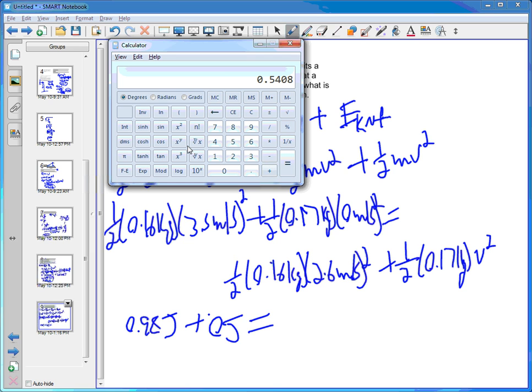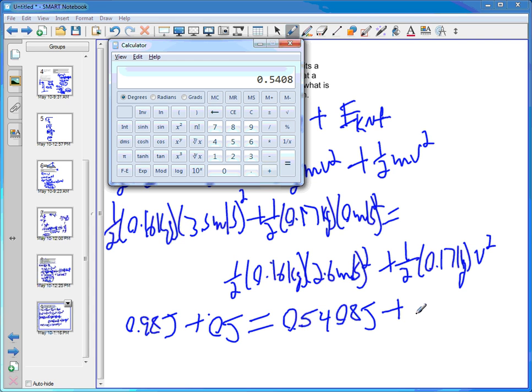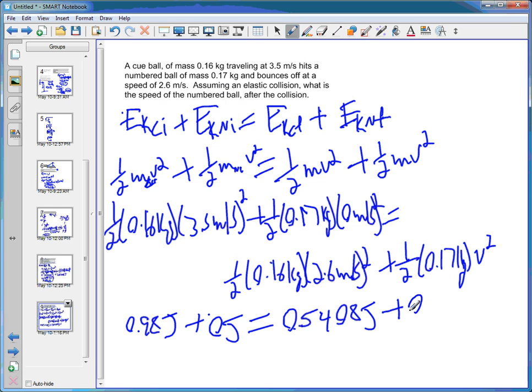Plus, let's go, 0.5 times 0.17, 0.085 kilograms times v squared. Okay, so how can we solve for this? We take that, add it to that, you get 0.98.